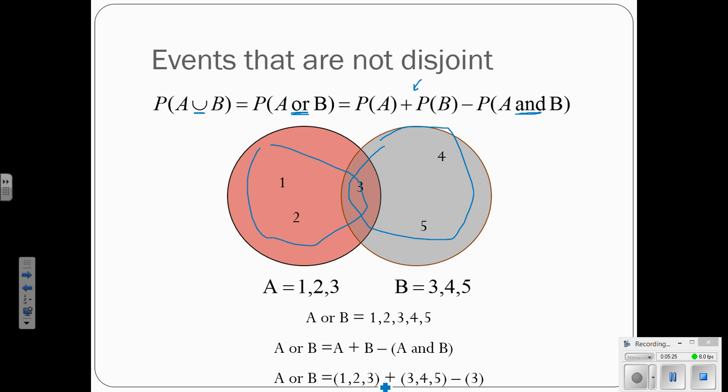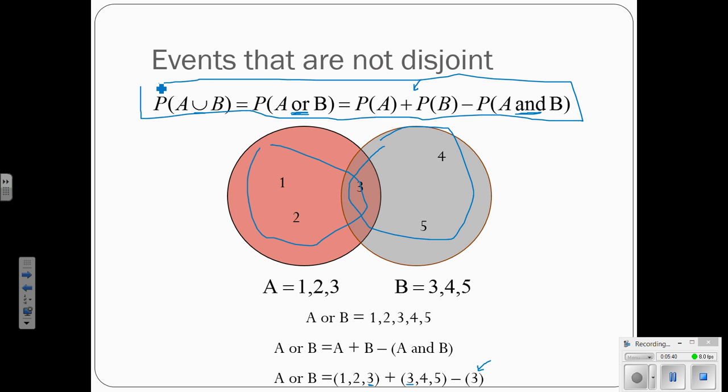You would double count it. There's a 3, there's a 3. So what we need to do is go back and subtract the overlap once in order to make sure that we don't double count it. This is a formula that's very, very useful to us. It comes into play a lot, and really it's the better version of the addition rule anyway, so that's one you want to memorize.